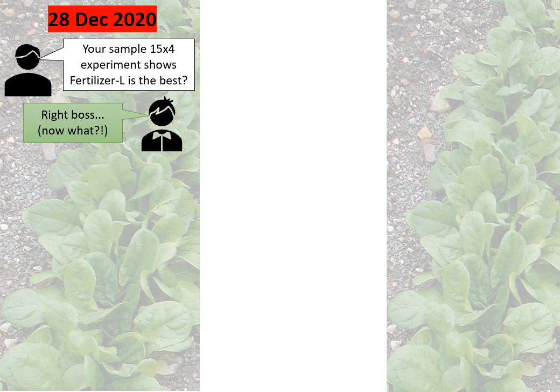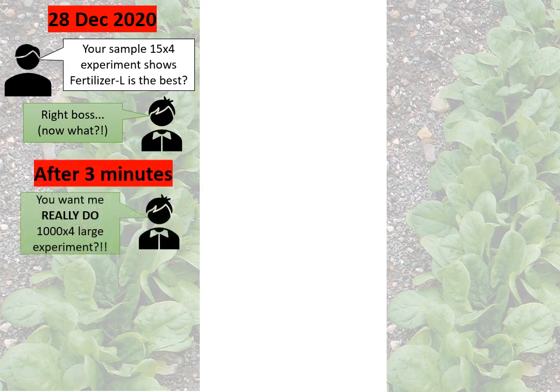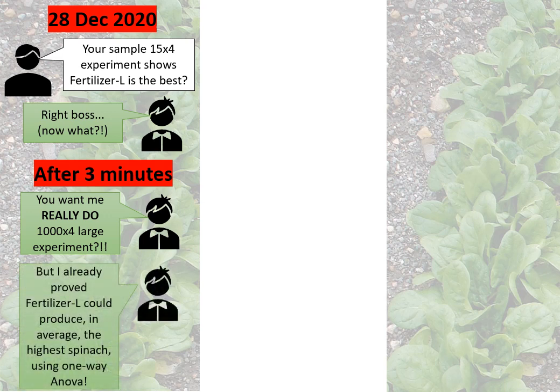What now? Boss, you really want me to do the very last experiment, the 1000 times 4 experiment? But I already proved that fertilizer L could produce, on average, the highest spinach, boss, and I used one-way ANOVA to do so.